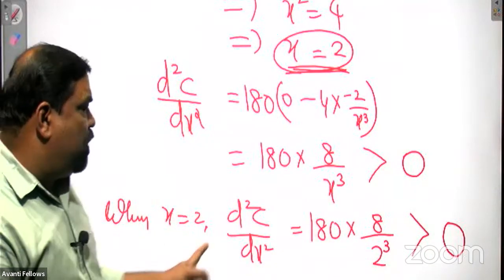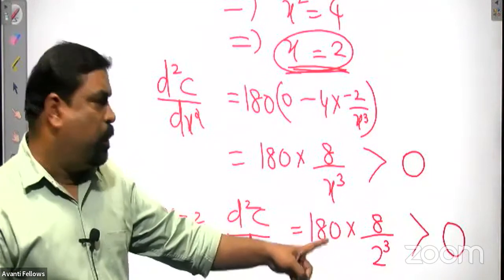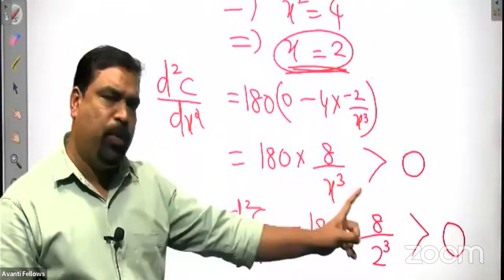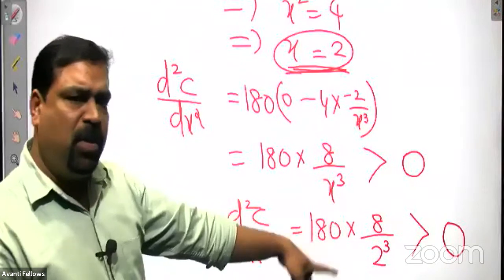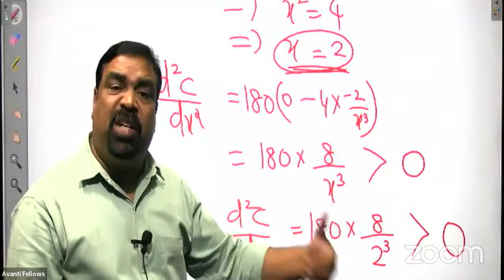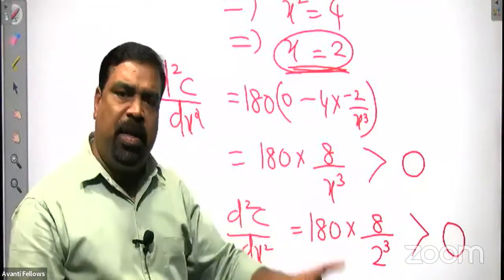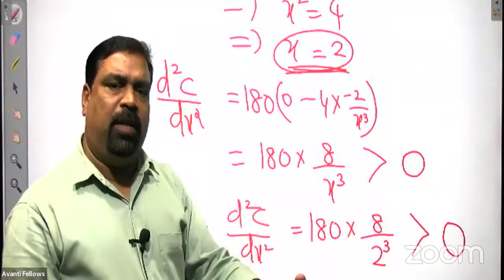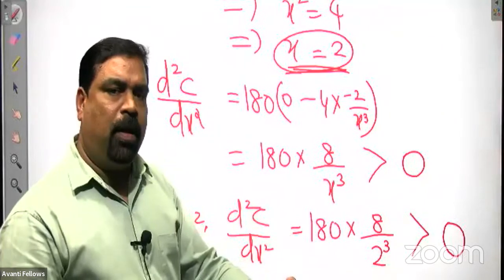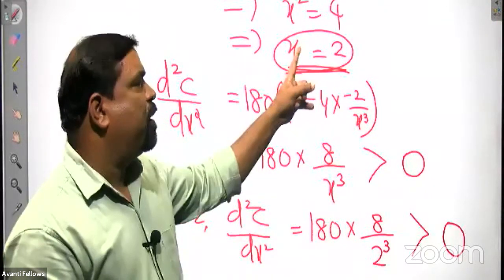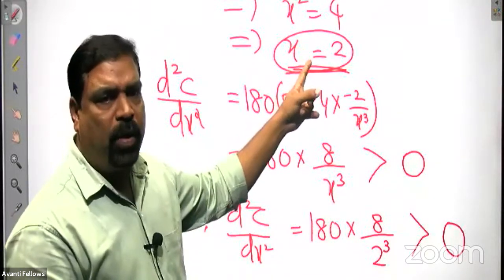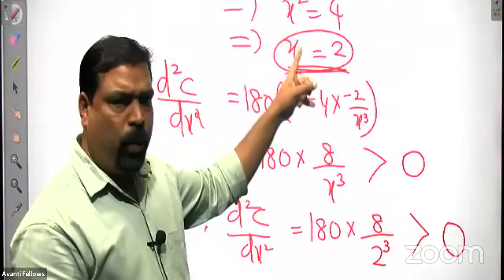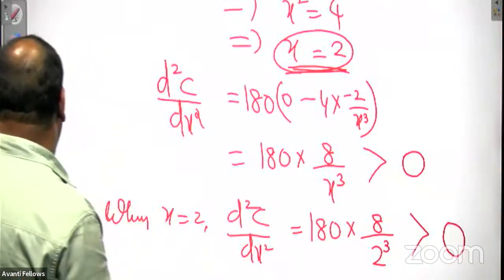So at the point 2, the second derivative is positive. Second derivative is positive means our second derivative test says that the function attains a minimum. The function has a minimum at that particular critical point, x equal to 2. So that is our conclusion.